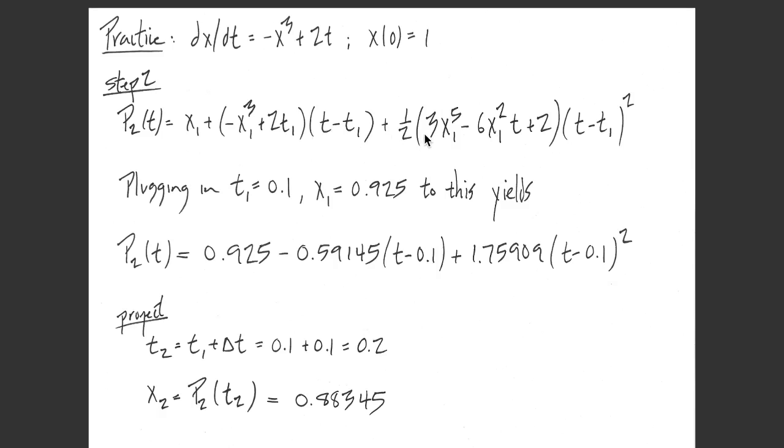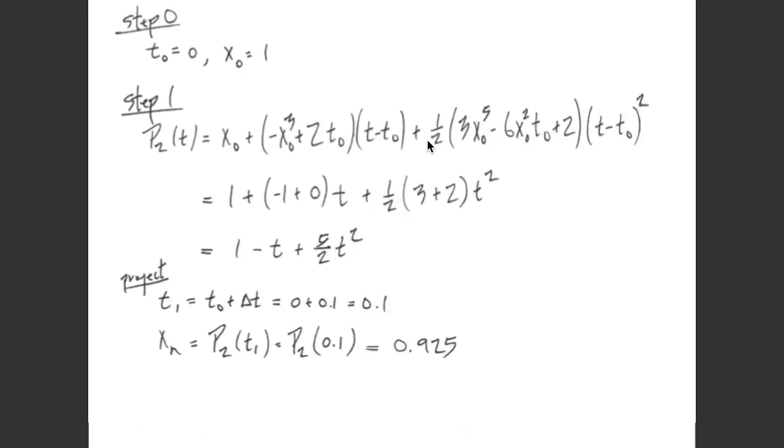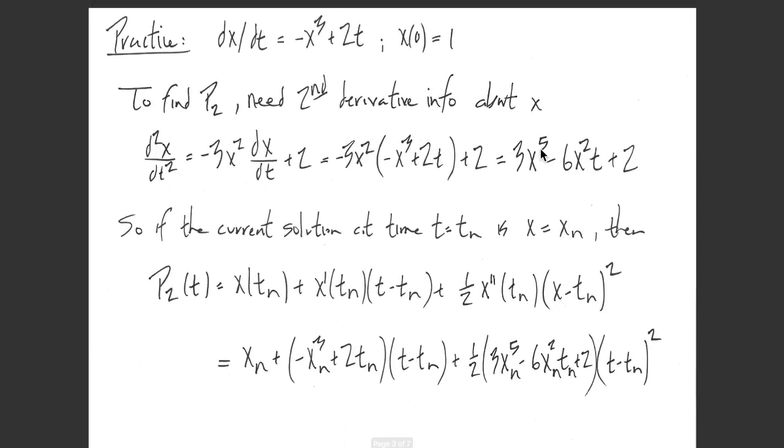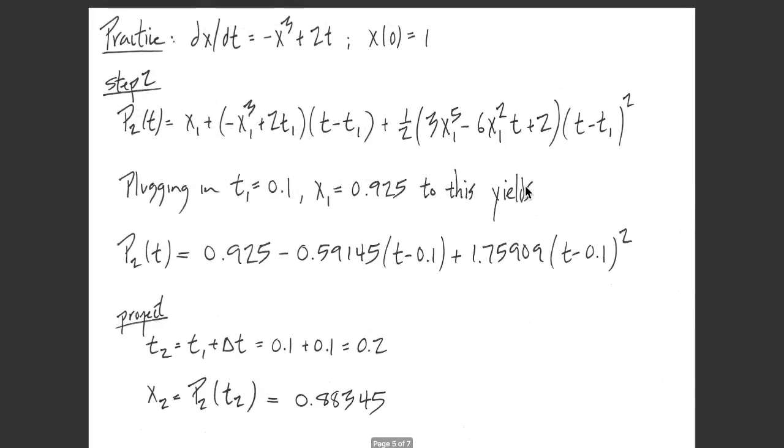And then 1/2 the second derivative, and that's again from this piece right here, evaluated with x1 and t1. That should be a t1 right there. Sorry for all the typos. But we're plugging in t1 equals 0.1, x1 equals 0.925 to these expressions, and you get this.